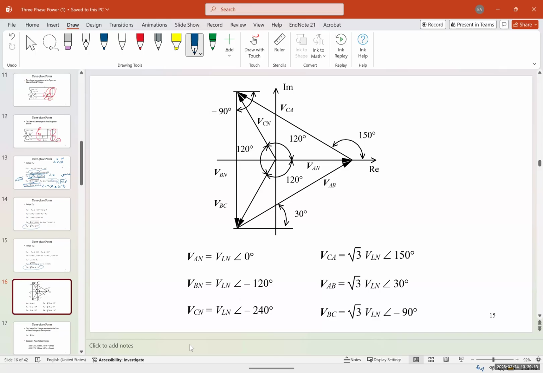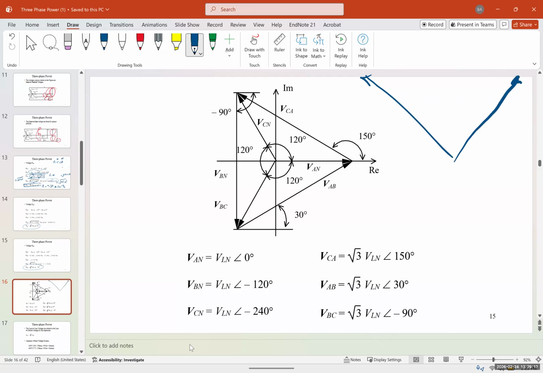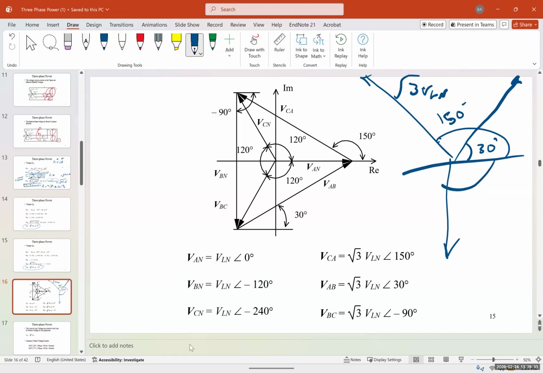Or in other words, if I rotate it, I can draw it like this. It's going to be 30 degrees, 150 degrees, and the other one is -90 degrees. And this is going to be square root of 3 VLN. This is the 30 degrees, 150 degrees, and -90 degrees.